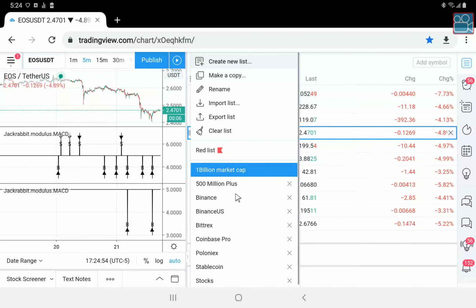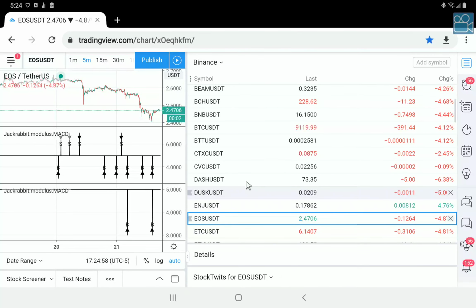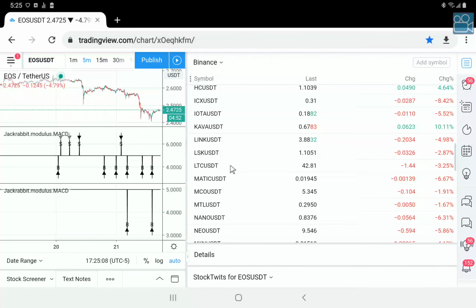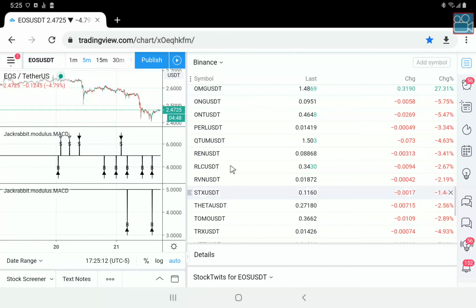Some of the really low-grade coins. Yes, I said it, despite a lot of people's unwantedness in defending their coins, we're going to pick a low-grade coin. A coin that is, quite frankly, something I would probably never trade.